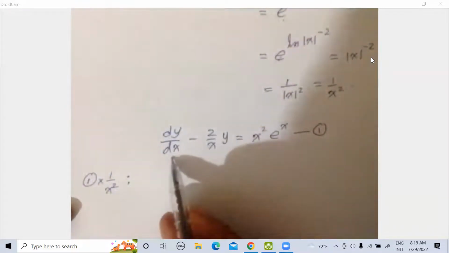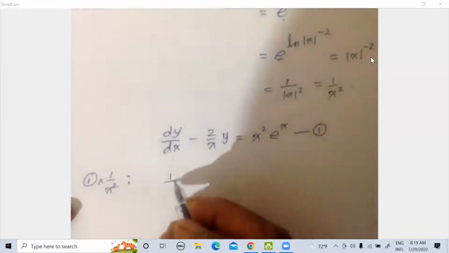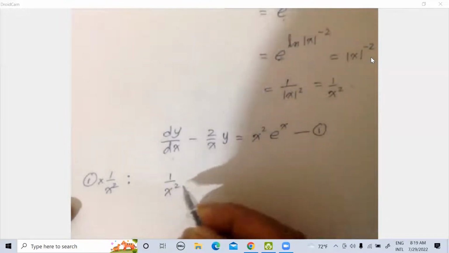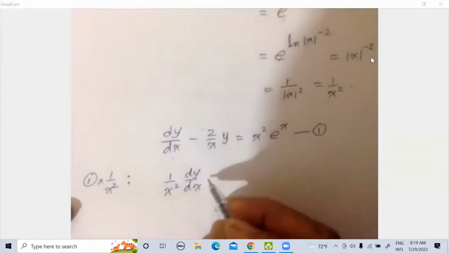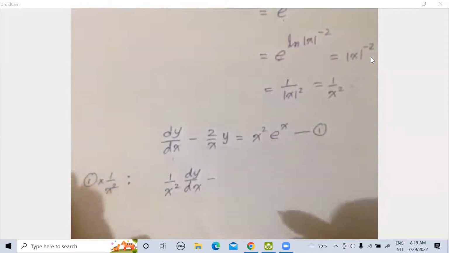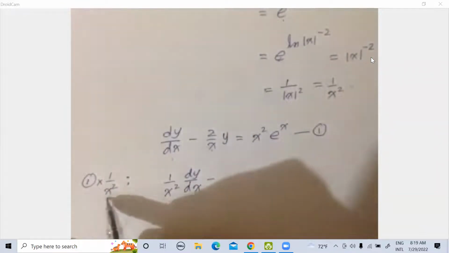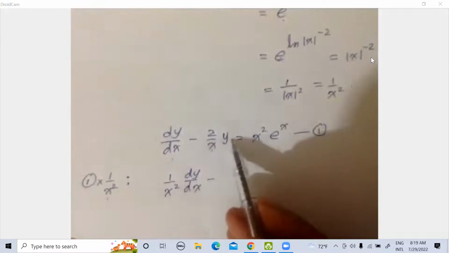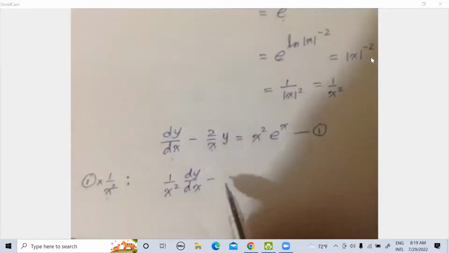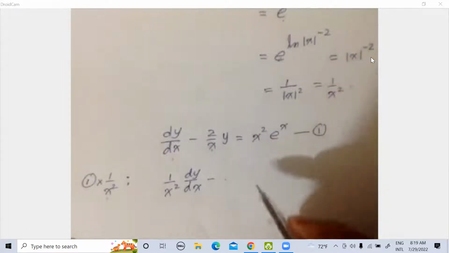So what do we get here? 1 over x squared dy over dx minus, what do we get here? 2 over x multiplied by 1 over x squared. So what is the term here? 2 over x cubed.